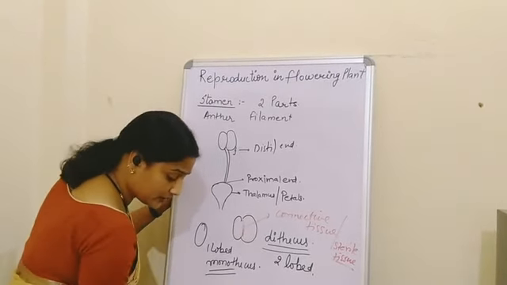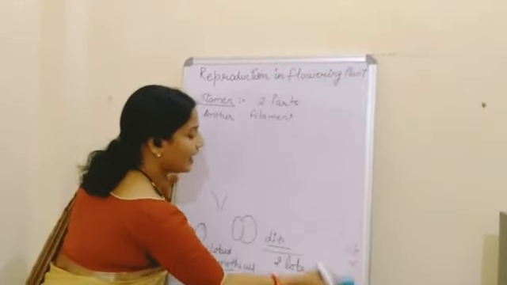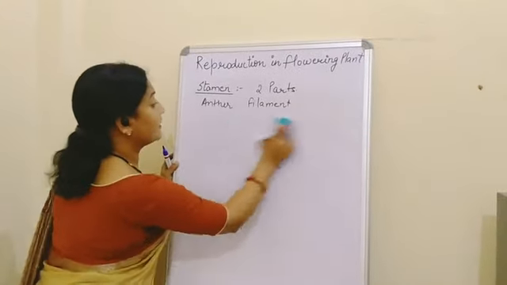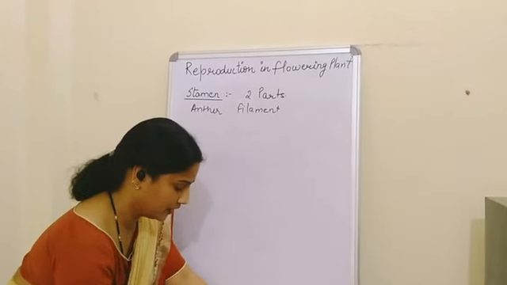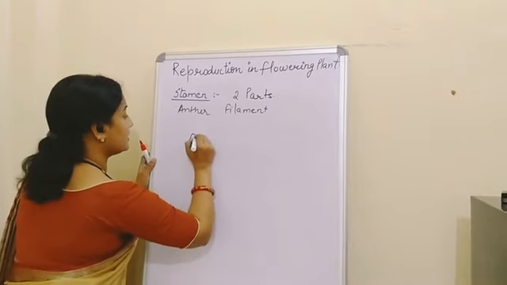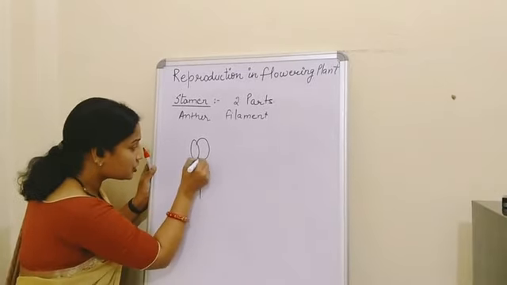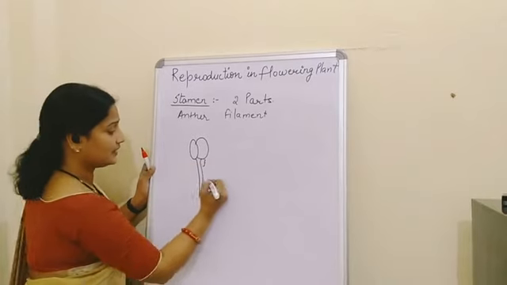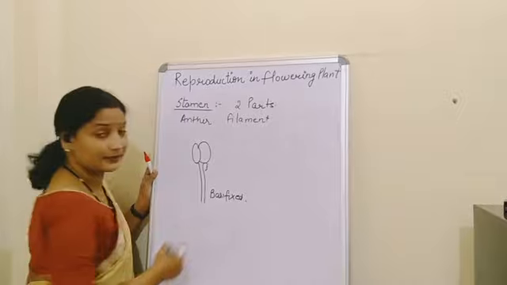Now, how this anther is connected to the filament: on this basis, we have generally 4 different types of attachment. Number 1, suppose I draw this bilobed structure. If the filament is attached to the base of the anther, at this place, then it is called basifixed.